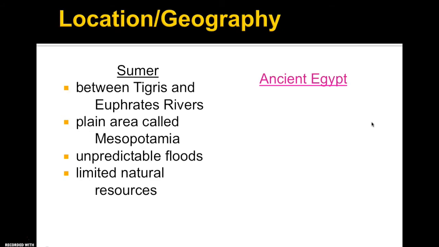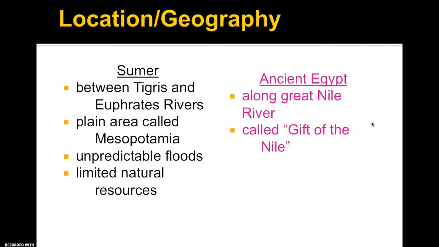On the ancient Egypt side of location and geography, you see that they are along the great Nile River. Just like the Tigris and Euphrates, floods can be unpredictable. It is called the gift of the Nile, this flood every year where the water rises and makes the land very fertile, even by the delta of the Nile, where you see great soil for crops.